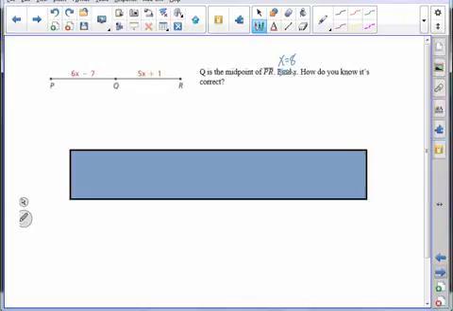In geometry, we are going to be doing a lot of writing about math because we're trying to get you to be able to communicate your ideas and use appropriate math vocabulary in complete sentences. Now, inside the gray box that I have here on the screen, I have an answer that I typed up as what I feel is a pretty reasonable explanation of how I know my answer is correct.